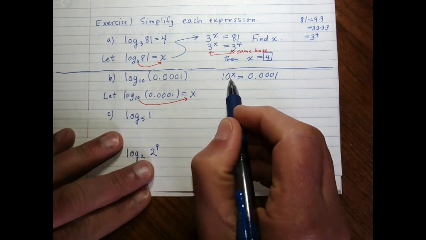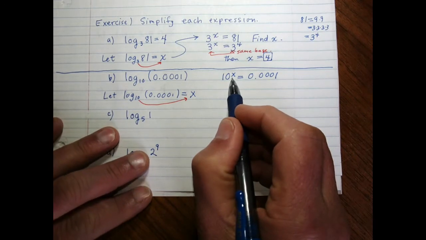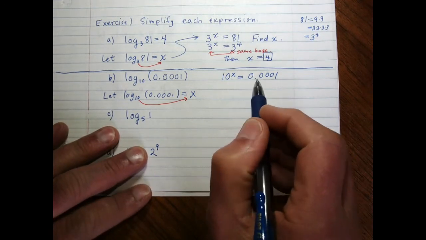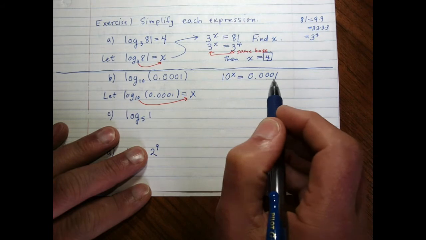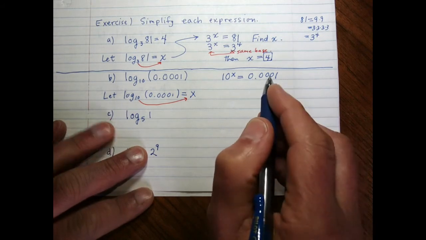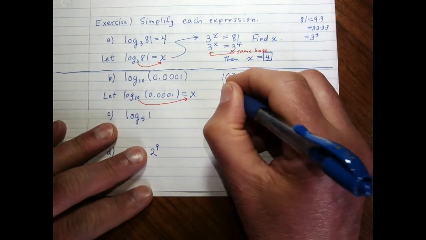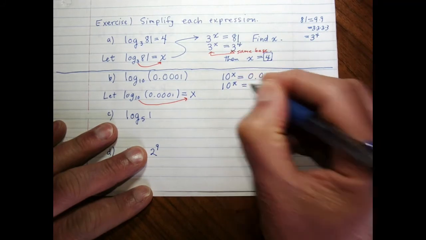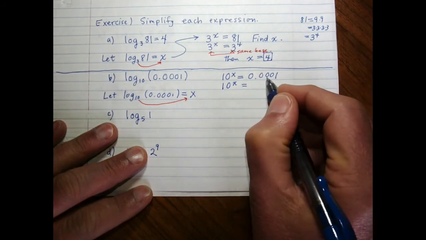Now, sometimes you'll be able to just guess what x could be, but one way to get a handle on this is to try to think of both sides with the same base.